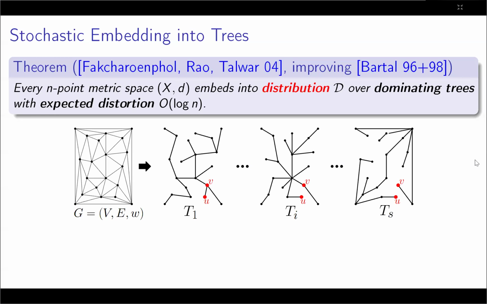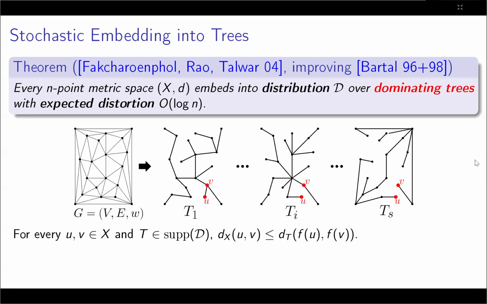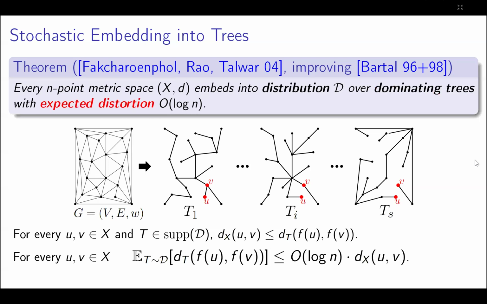You have your weighted graph or geometric space, and you embed it into a distribution over many trees over your metric space. They are all dominating, in the sense that in every tree, the distance between any pair of points will be at least as large as the original metric distance. So nothing is allowed to shrink. And finally, the expected distortion will be at most log n times the original distance.